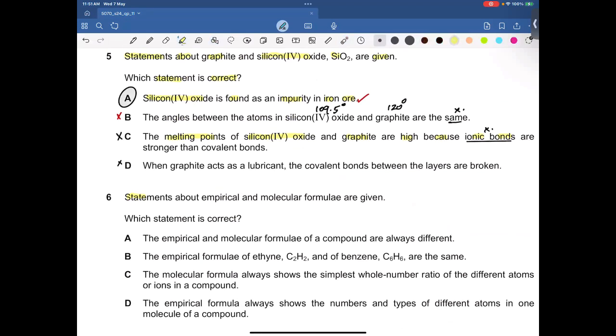Question number 6, a statement about empirical and molecular formulae are given. Which statement is correct?